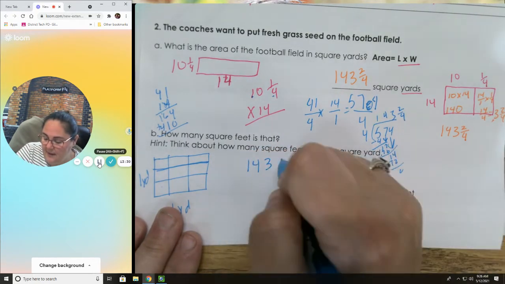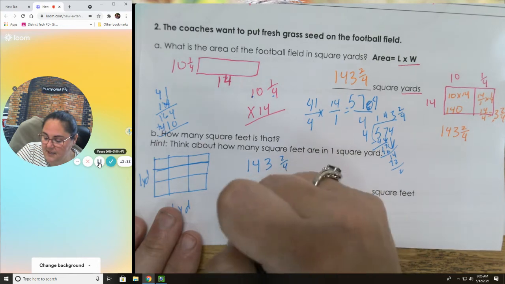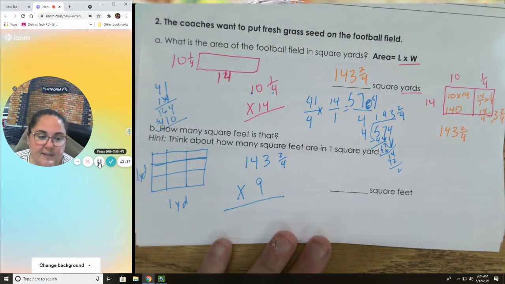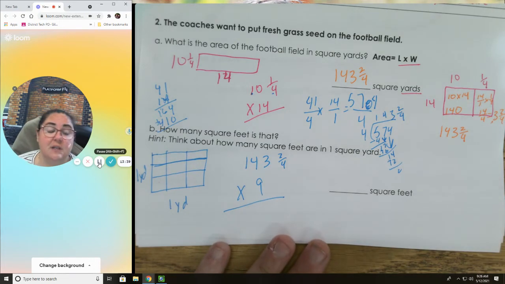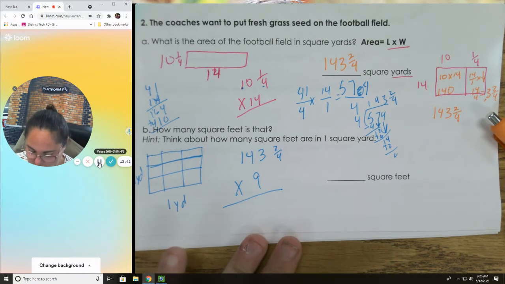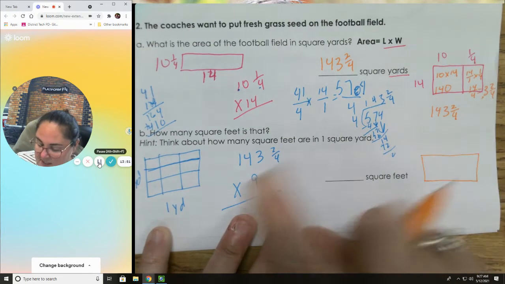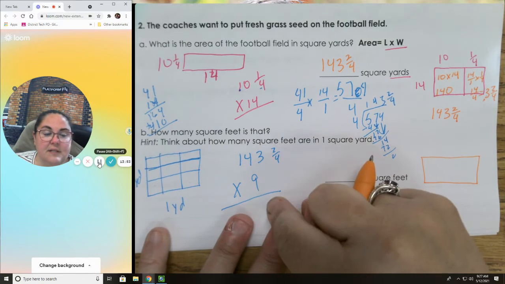143 2/4 times 9. Do the math. What is 143 2/4 times 9? All right, here we go. I am going to do area model again first, because it's a whole number times a mixed number.